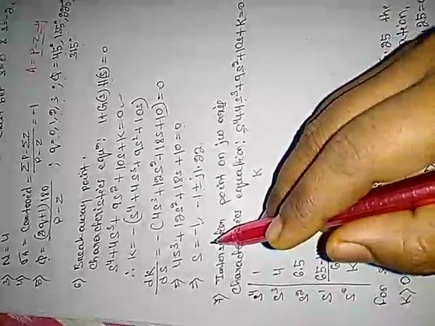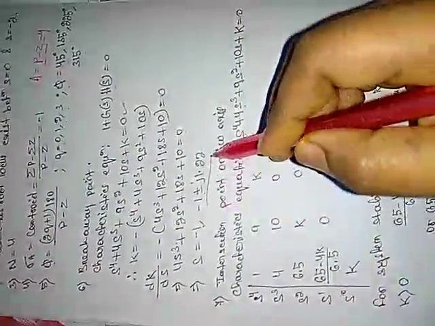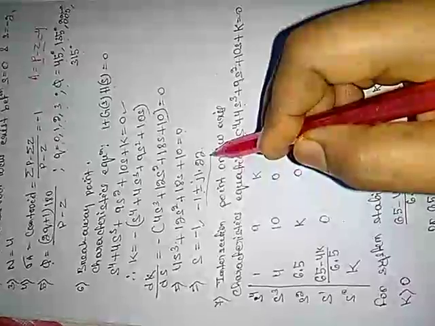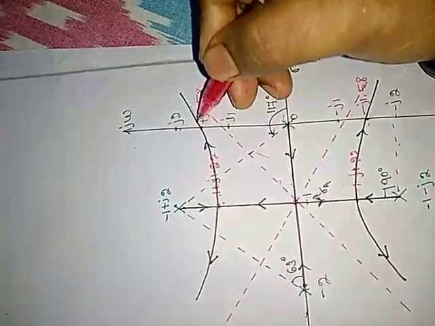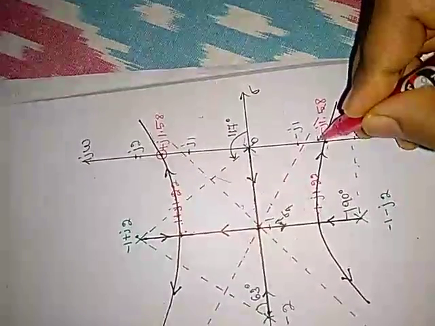See, when we solve for the breakaway point, we get this point. And this one is the intersection of the root locus on the imaginary axis. This point, this one, this point, and this point.